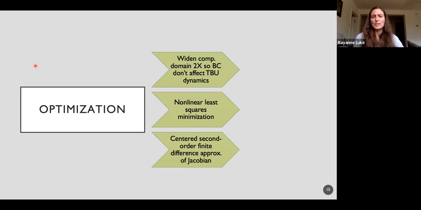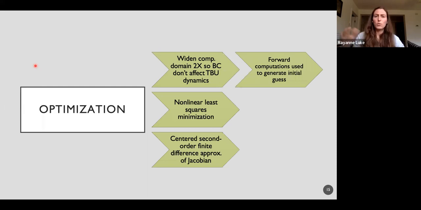I added a second order finite difference approximation of the Jacobian to improve performance. And to get an initial guess, we run forward computations of the model until we get something that looks reasonable, because we have parameter ranges that we think are physically realistic.